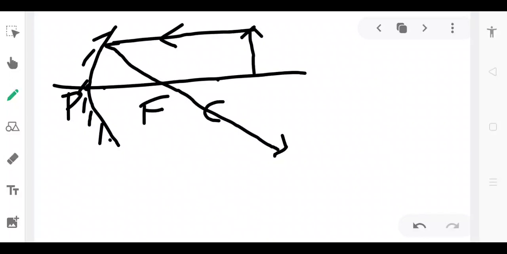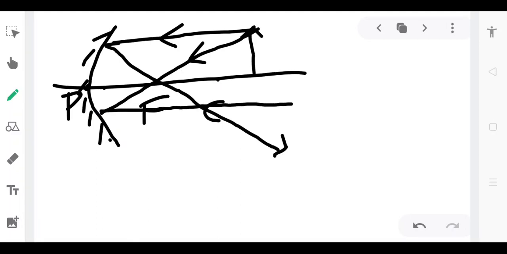Next, consider one more incident ray which passes through the focal point. Then the reflected ray will be parallel to the principal axis. This is the point of intersection of both the reflected rays.